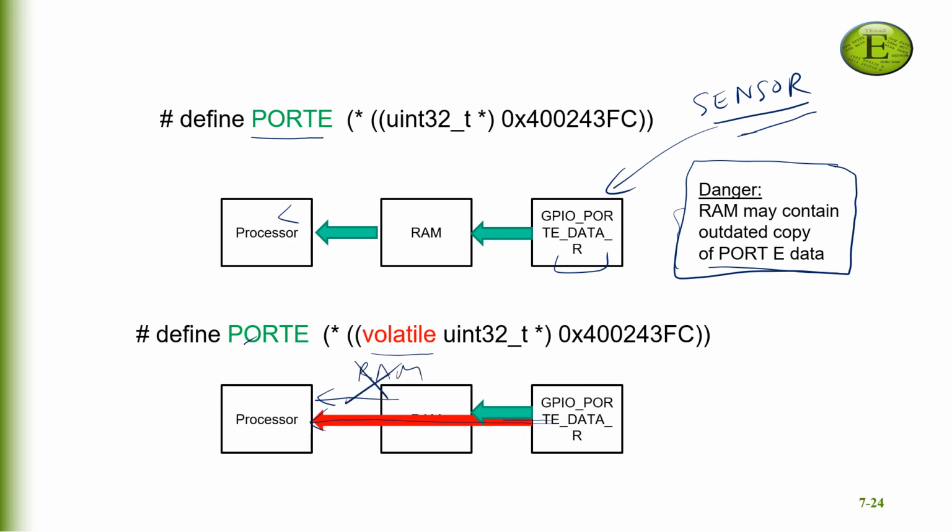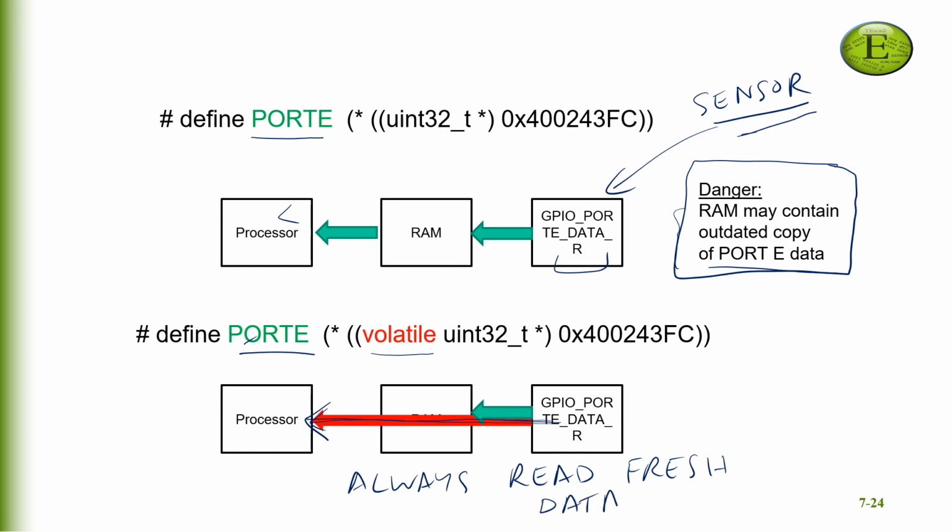That's not allowed. Whenever we reference port E, it means we read data. We read the fresh data. So we always read fresh data from port E.